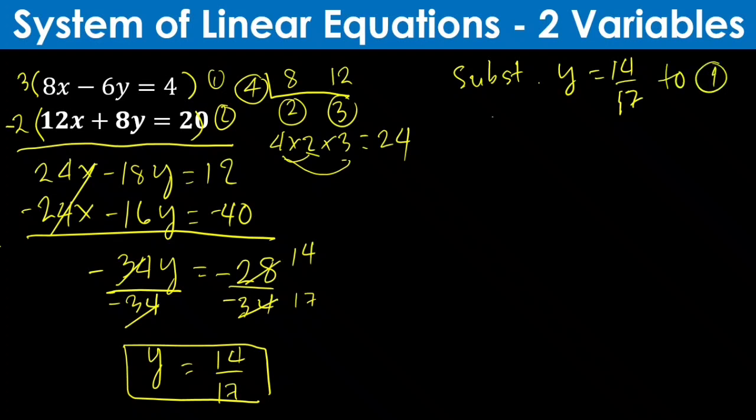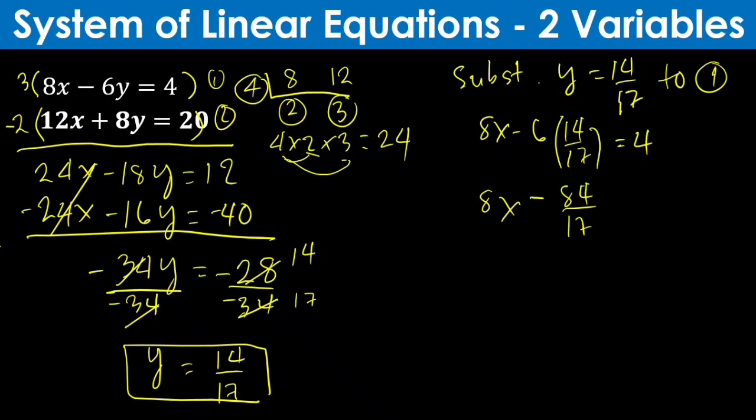So I have now 8x minus 6 times 14 over 17 equals 4. 8x minus, what's this equal to? That's 84 over 17 equals 4. Transpose that to this side. So that's plus 84 over 17.